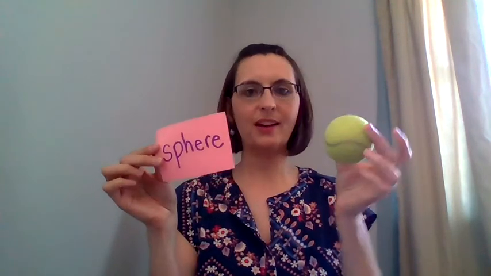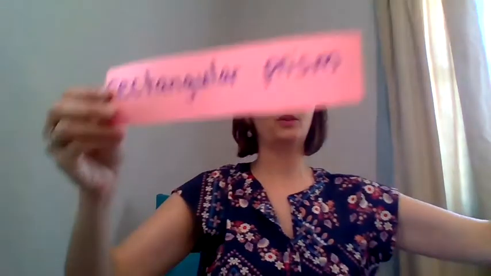A sphere has no flat faces. It's just round. Cube. A cube has 6 square faces. And then the really long name, rectangular prism. And a rectangular prism has 6 rectangle faces.